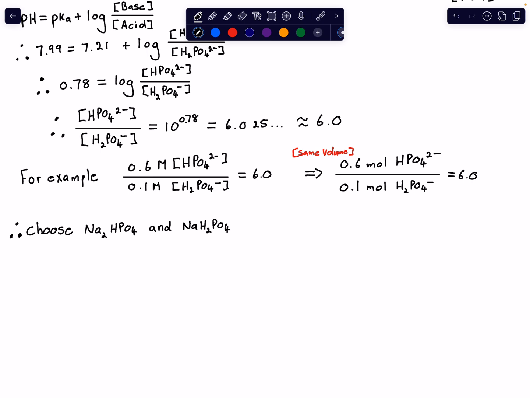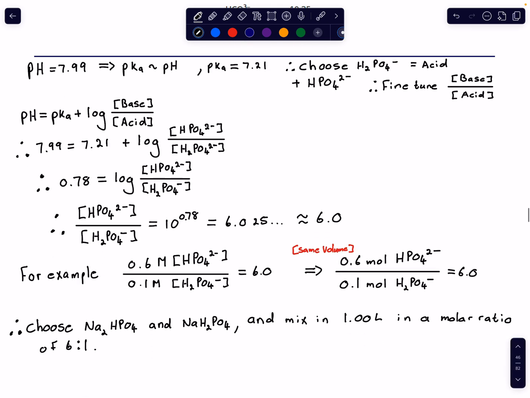One gives us the conjugate base, the other gives us the acid. Mix them in 1.00 liter in a molar ratio of 6 to 1.